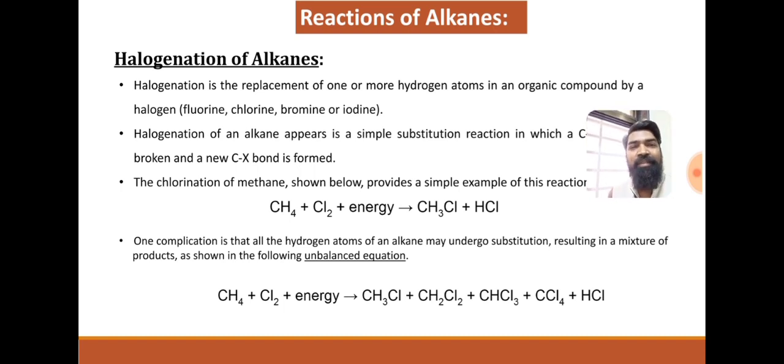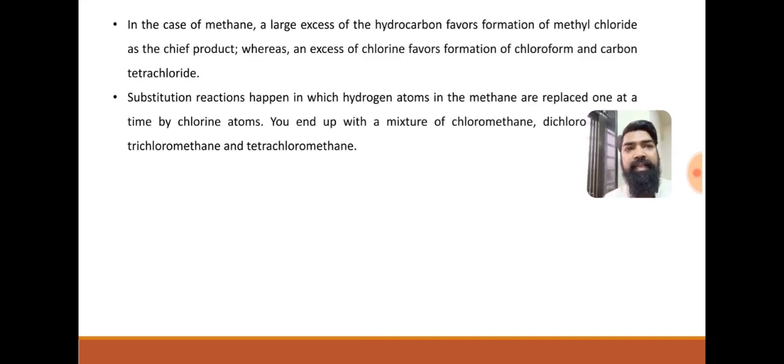Yes, the one complication is that all hydrogen atoms of an alkane may undergo substitution, resulting in a mixture of products as shown in the following unbalanced reaction. On the screen you have the unbalanced reaction of methane plus chlorine plus energy, giving the rest of the products.